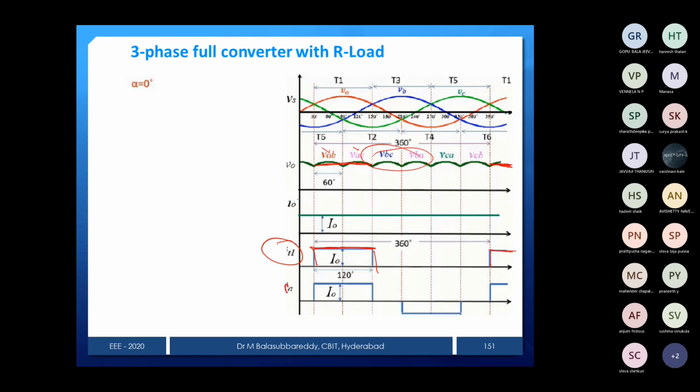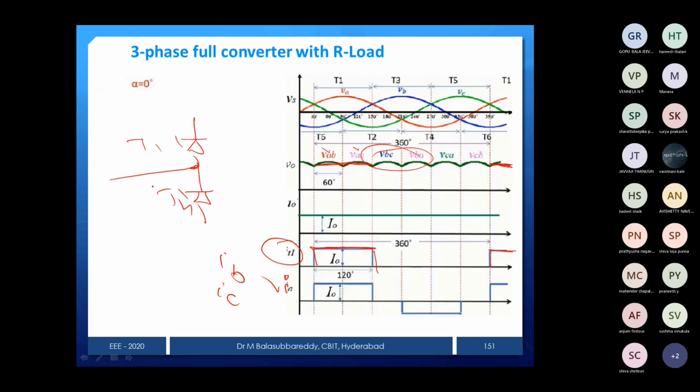Similarly, I want to represent the A phase current or B phase current or C phase current. Whenever the A phase device is conducting, current is drawn from the source. For A phase, we have two thyristors, T1 and T4.